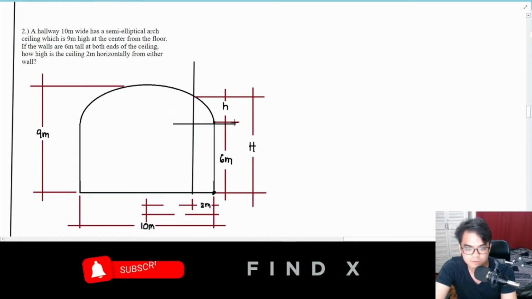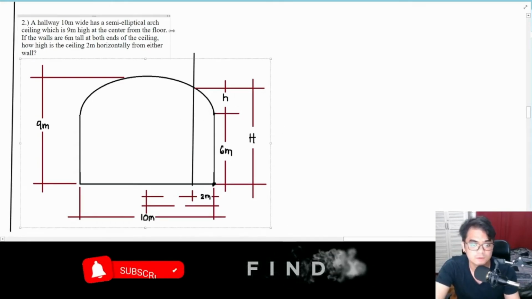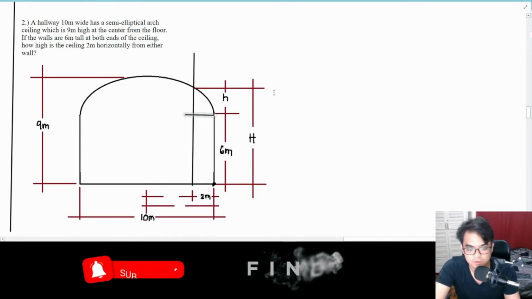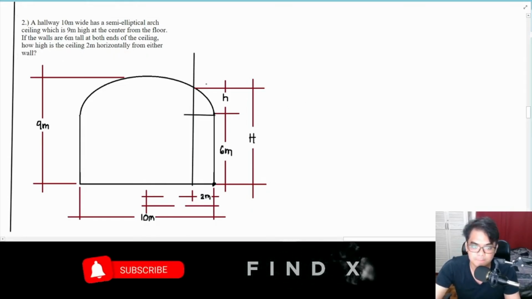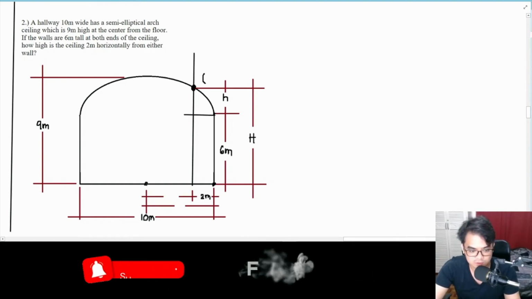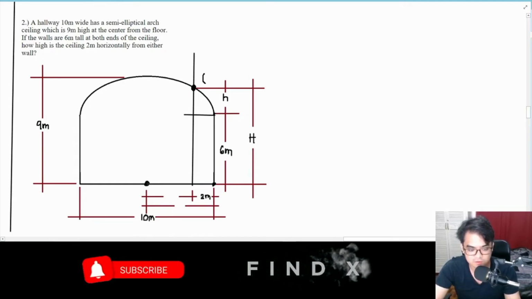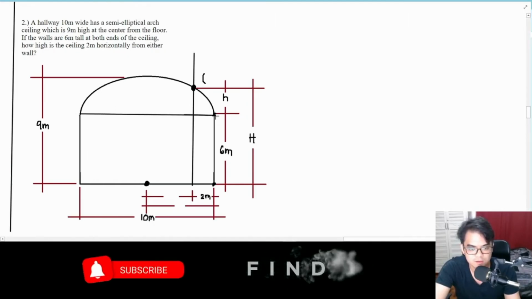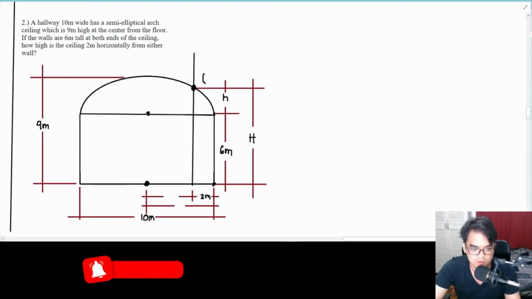I cannot move it, so I'll just draw one again. Anyways, if this is the center, I can also make a line here, and this is also the center, right?